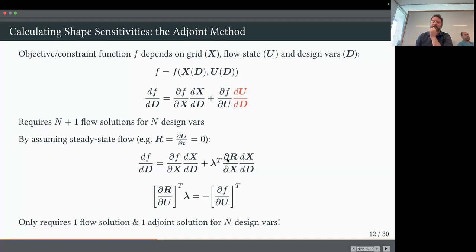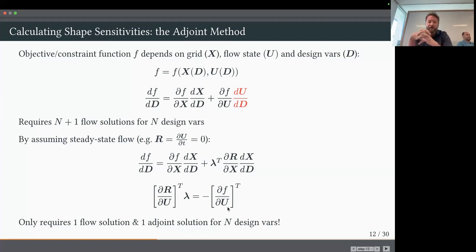So we're going to have lambda transpose, and we're going to replace this term with this idea here. What this means is we now have to figure out these series of Lagrange multipliers, and these are what people call the adjoint variables. And we do that by solving this equation.